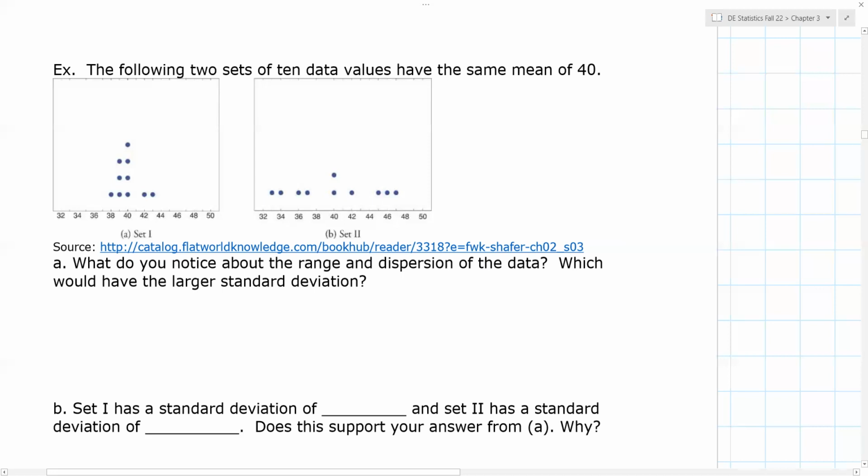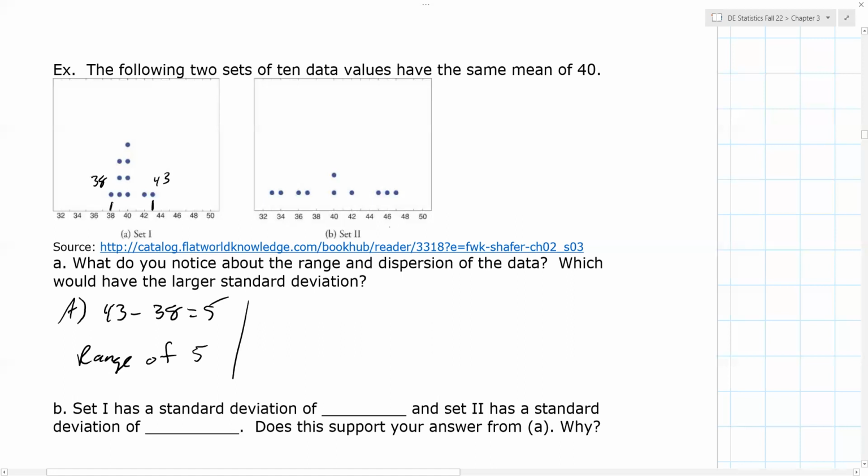So let's look at A. A has a max of 43 and a min of 38. So 43 minus 38 equals 5. So set A has a range of 5.